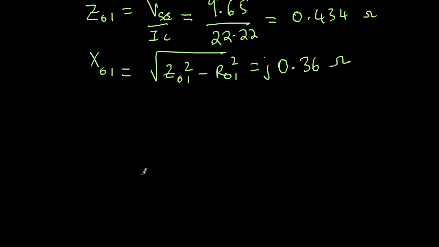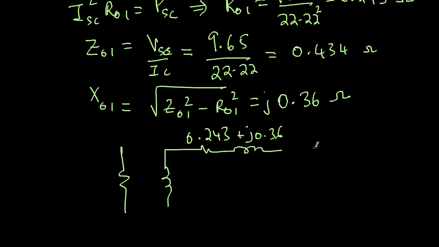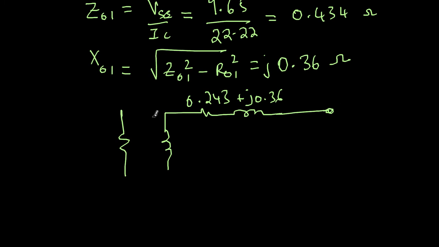If I make an equivalent circuit, it will be something like this. This is R, this is X, this is again R and X. This is 0.243 plus J 0.36. This is primary.